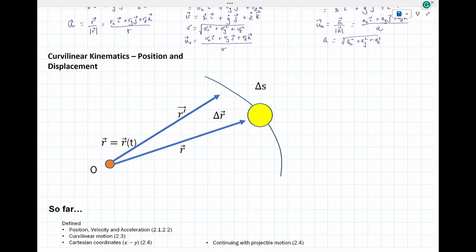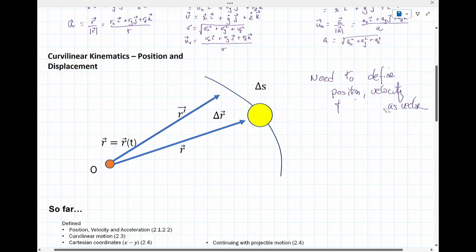So what I want to be able to do is define that position, velocity, and acceleration, excuse me, as a vector, which means I want to have position and direction simultaneously.